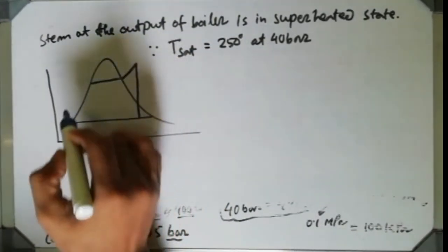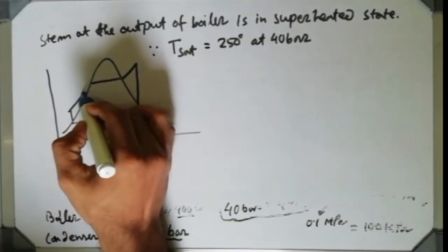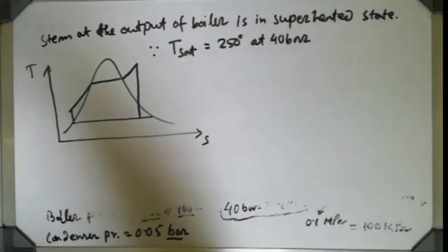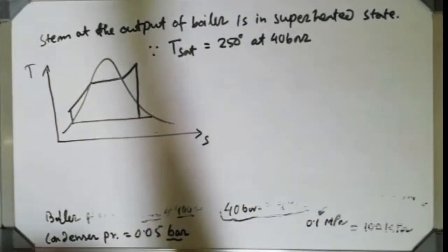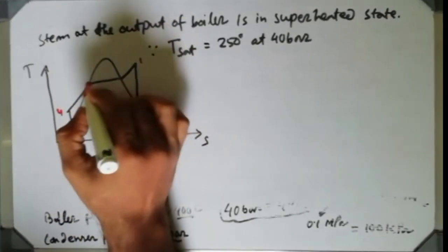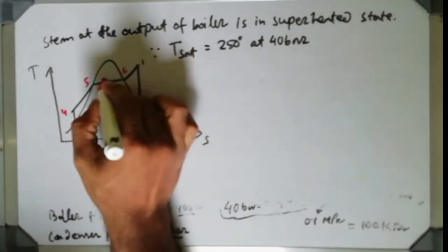From there the turbine work will be completed. The same thing I have drawn earlier, the temperature versus entropy diagram. Now if I name the points the same way, 1 2 3 4 5 6.